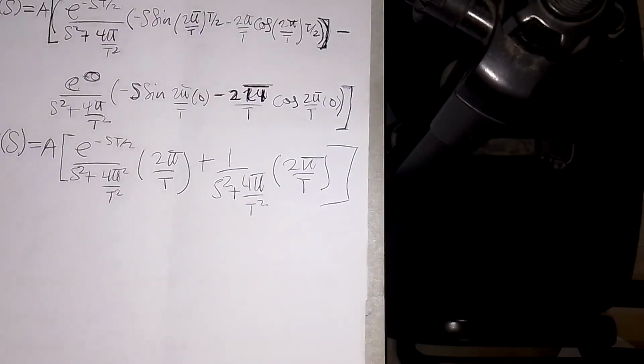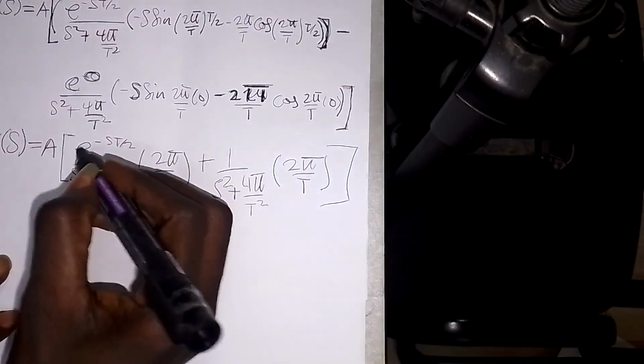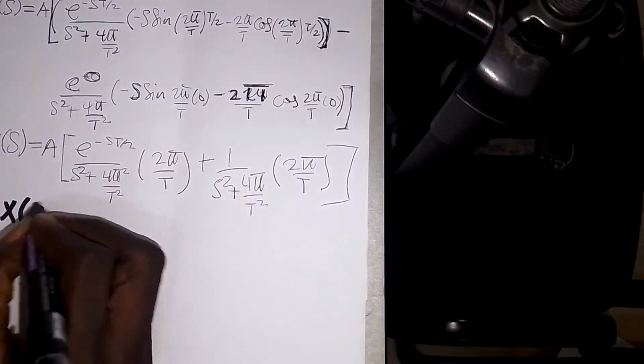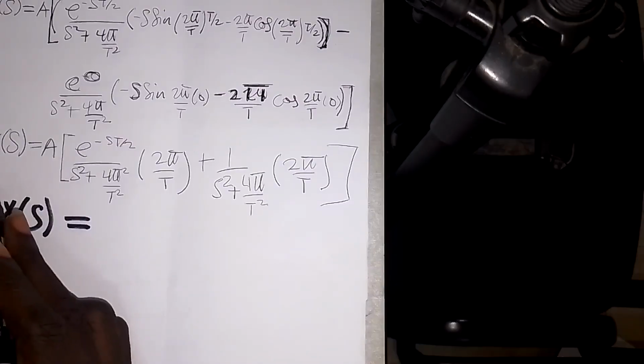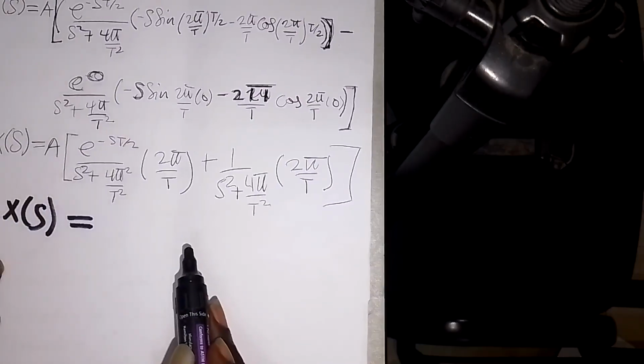I'm sorry for my marker that it has become so faint. So now from here, what you can do is, let me just see. Here I can have X of s is now equal to, I can bring a out, and then apart from e, what again can I bring out?